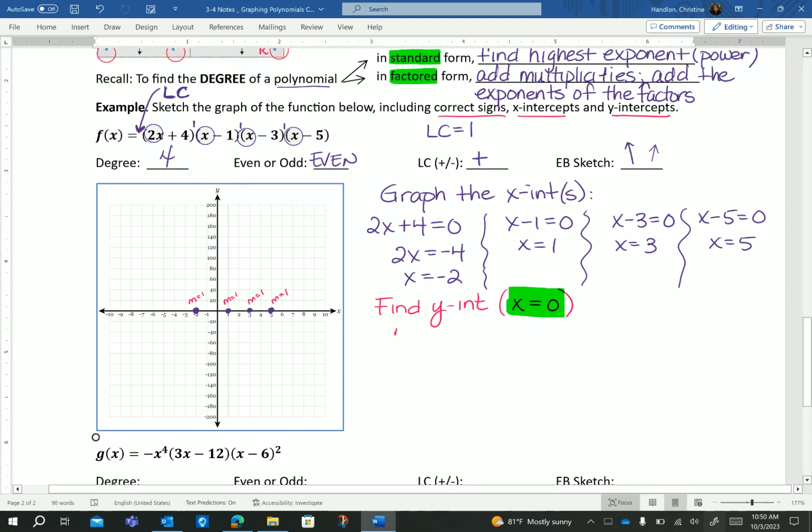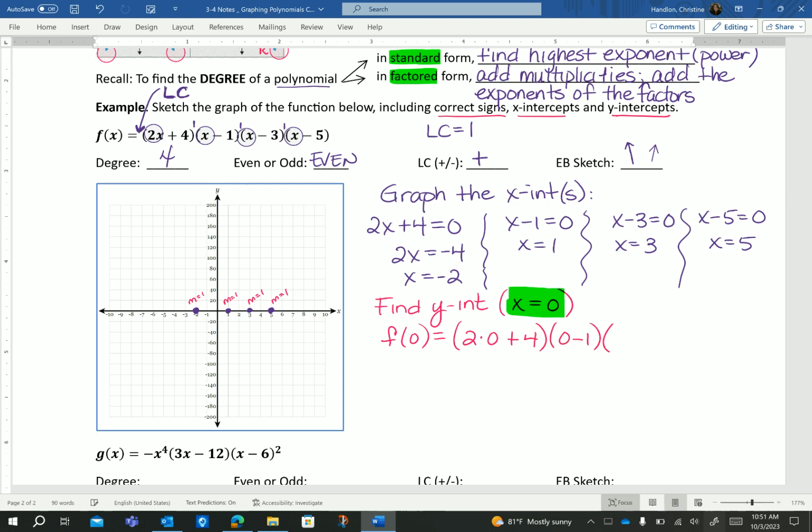So here is your function being given to you, and we're going to replace every x with a 0. So 2 times 0 plus 4, x minus 1 becomes 0 minus 1, 0 minus 3, and 0 minus 5. Remember f of 0 is just a y. So what is my y-intercept going to be?